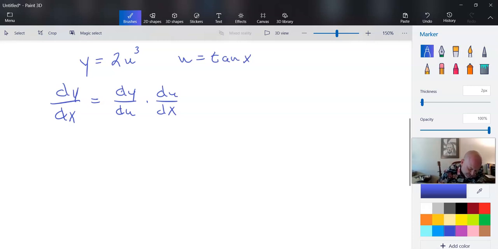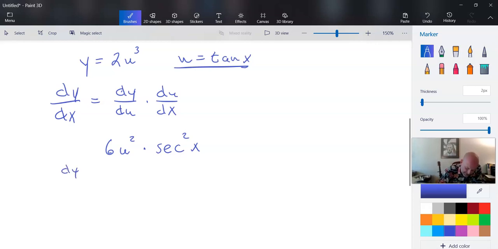So let's see. The derivative of y would be 6u squared. And the derivative of u with respect to x, the derivative of tangent, is secant squared. So this is times secant squared x. Now all we have to do is substitute our u in so we can have everything in terms of x.